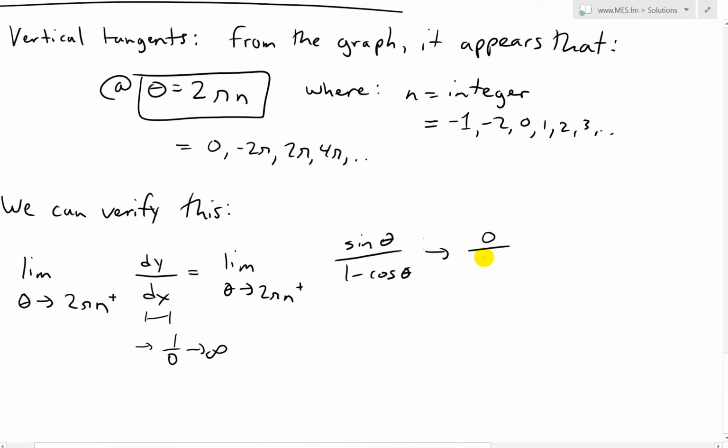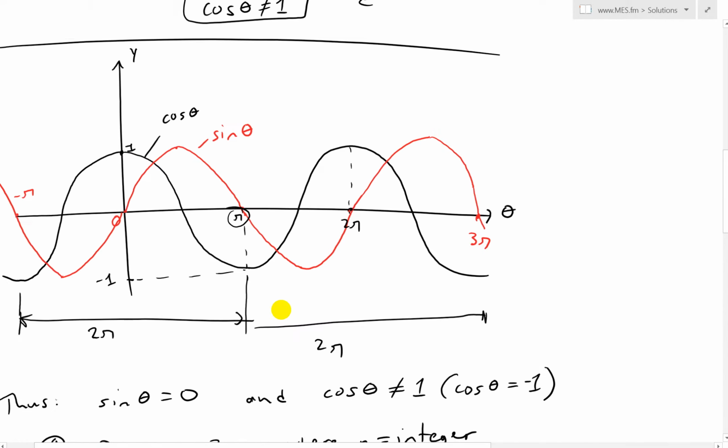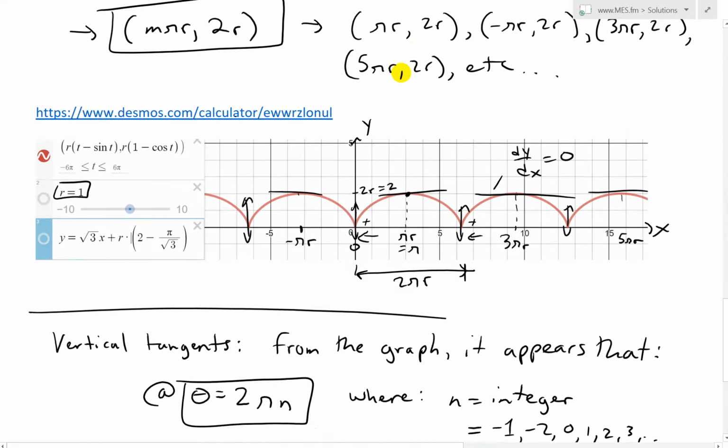Then we just have 0 over 0, so this is indeterminate. You can see it on this curve: whenever theta is equal to 0, we get it over here. The sine is 0 and the cosine is 1, so 1 minus 1 is 0. Likewise over here at 2 pi, the same thing.